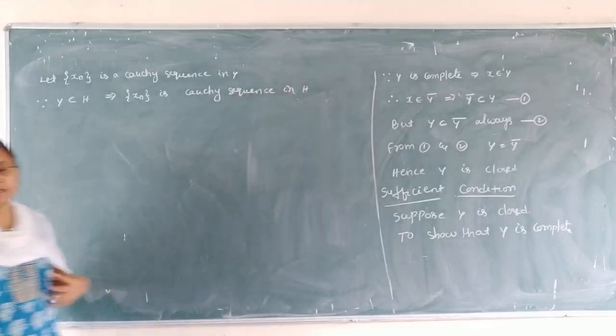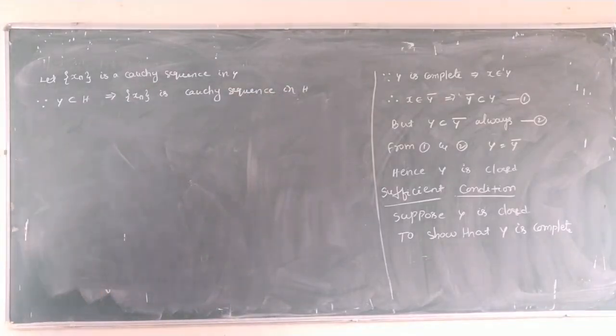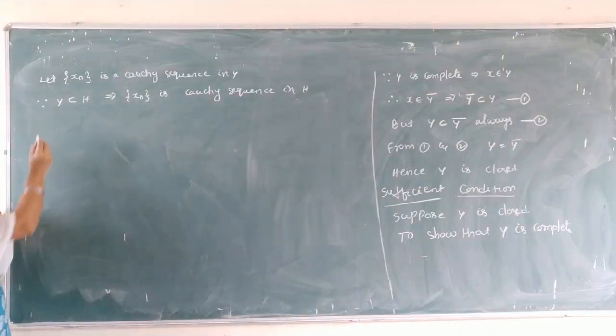What is H? H is a Hilbert space. A Hilbert space means a complete inner product space.